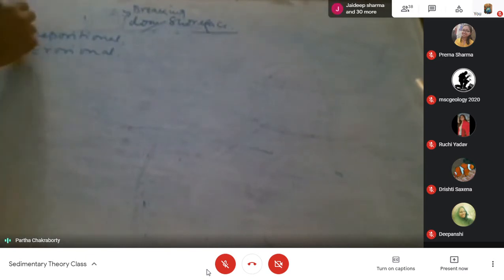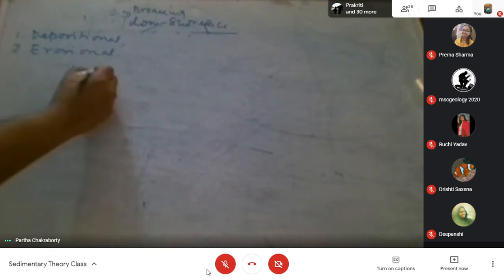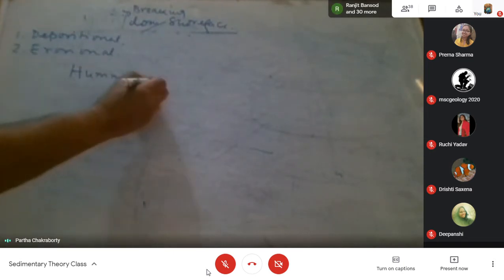Suppose a ripple, a cross stratification, all these are depositional structures, and a flute, a channel, a gutter, all these are erosional structures. We have always discussed deposition, but we have not discussed any structure which is at the same time erosional and depositional. Hummock is that structure which is at the same time erosional and depositional.